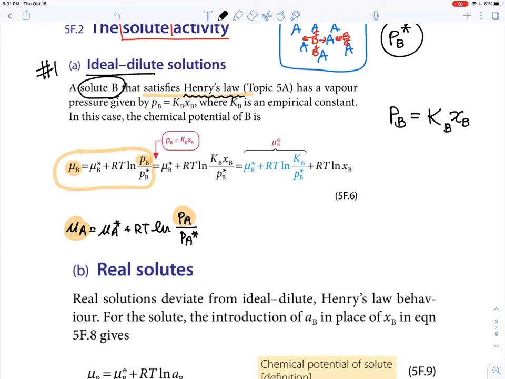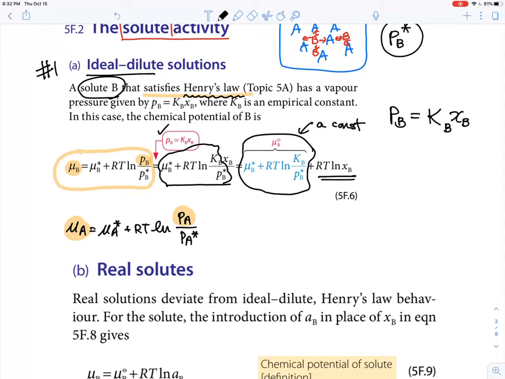So now we can put this Henry's law equation shown up here, and I have this new relationship. But now I'm just trying to pull out the portion that is essentially a constant. So I take this portion out and keep these other portions in like this.